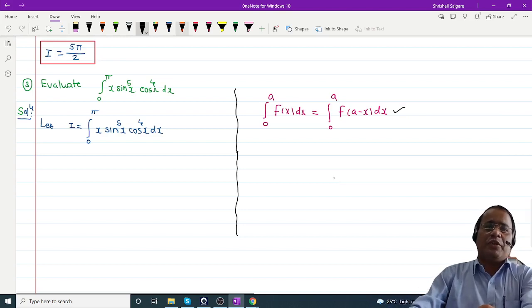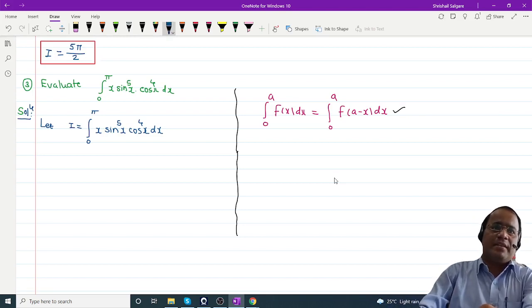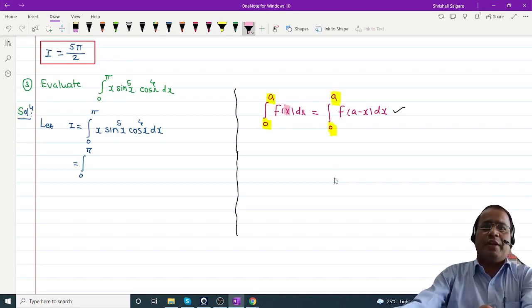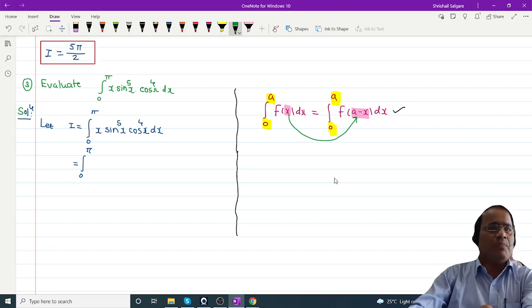What you are doing is, while writing this new integral, you write the same limits, 0 to pi. Here you have limits 0 to a, and the new limits are also 0 to a. And this parameter x you are replacing with a minus x. In our example, what is the value of a? Pi. Okay.